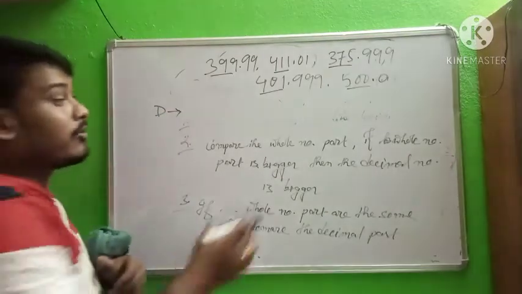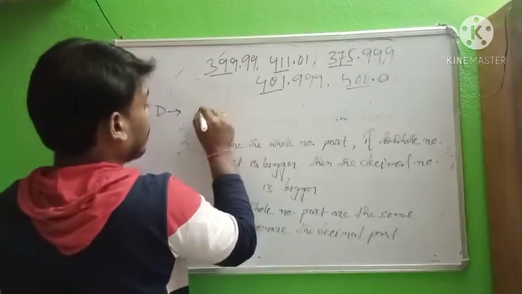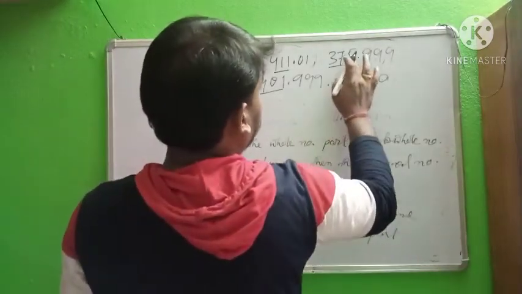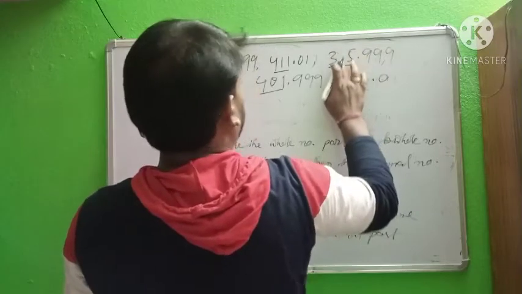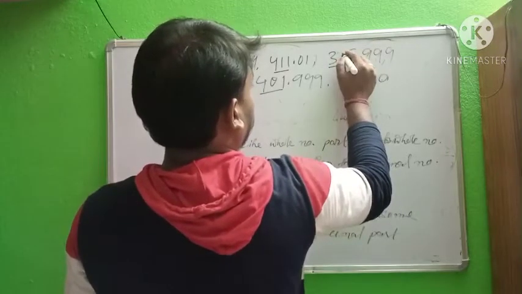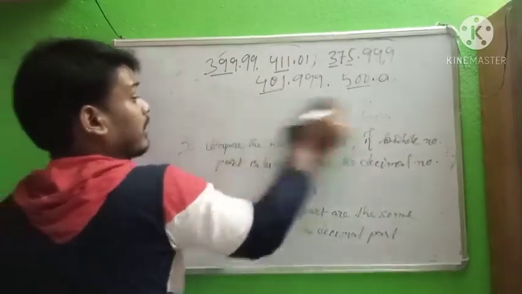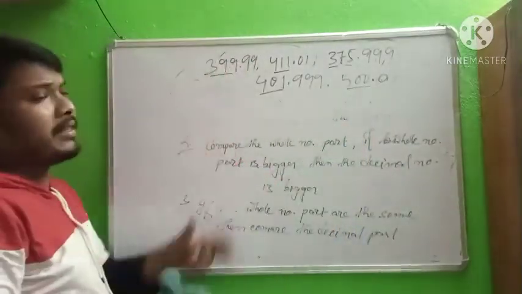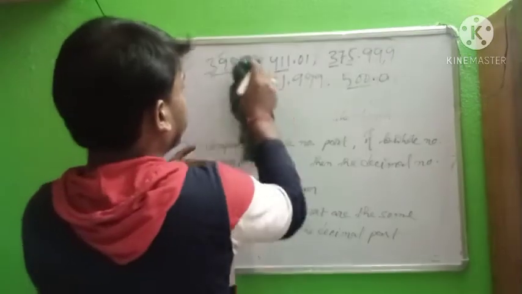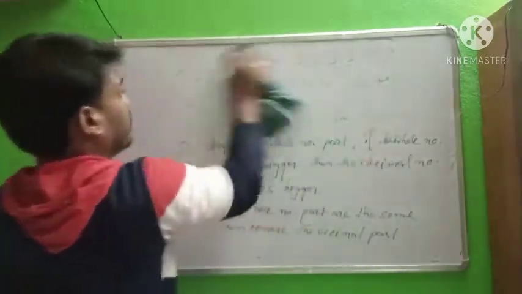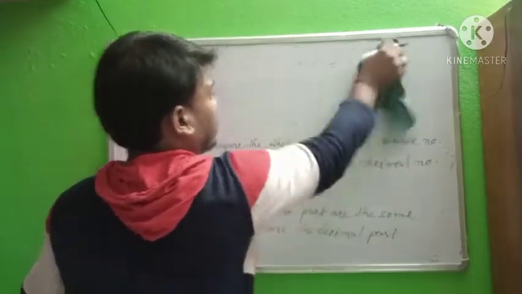So the bigger number is 500. I change the question, otherwise it is very easy.